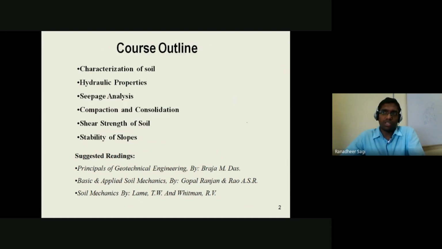And we'll also be talking about various fundamental terminologies which we are going to be coming across, like void ratio, porosity, density, specific gravity, and so on. And along with this, we'll also be mainly talking about the classification of the soils based on various classification systems in your first unit.